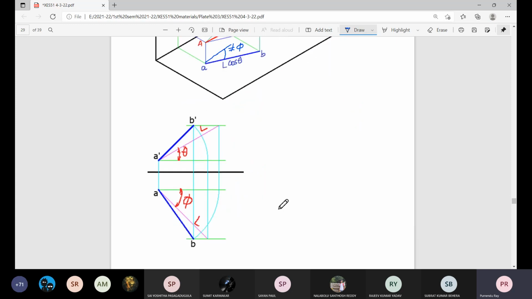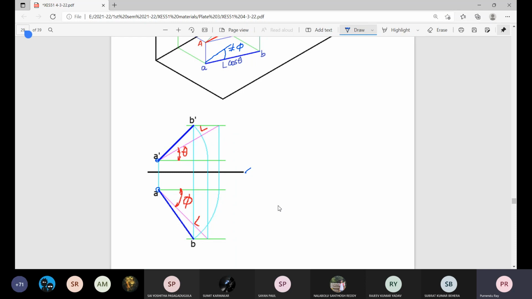And for that, what is the starting point? Starting point is draw this ground line, then locate this point A. This should be specified, at least one point should be specified, otherwise everything will be in some floating situation.